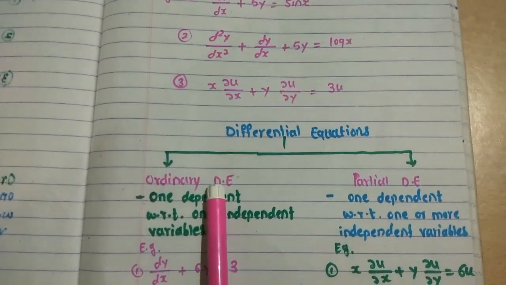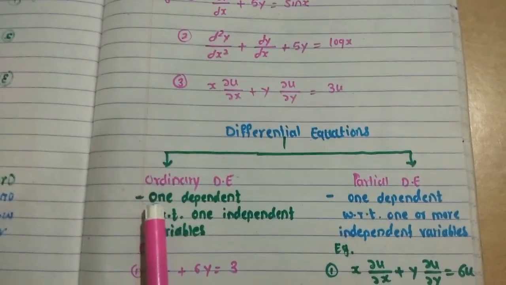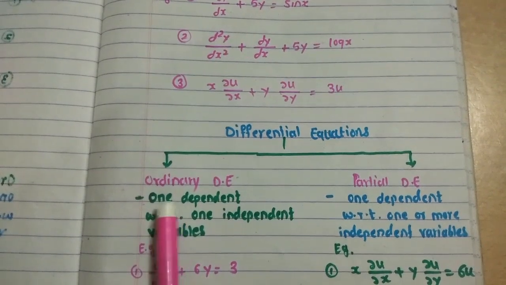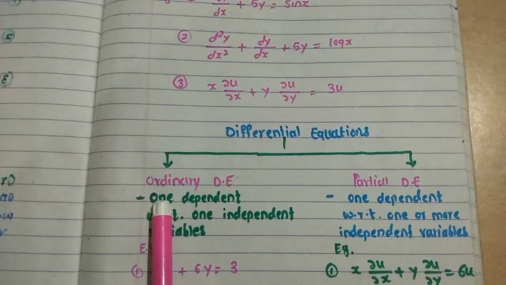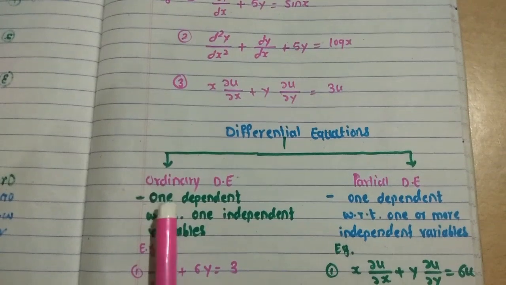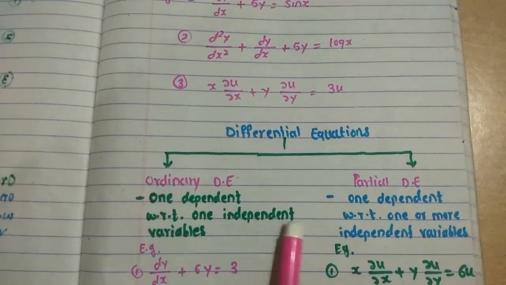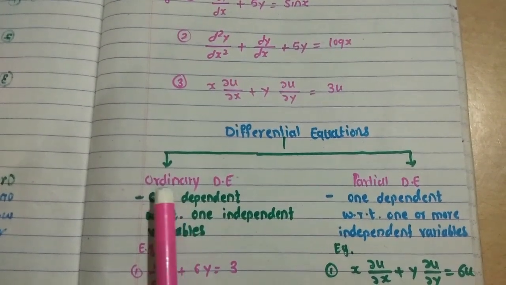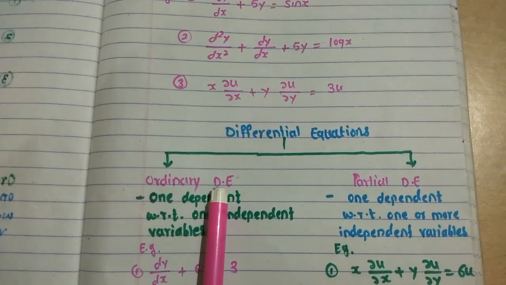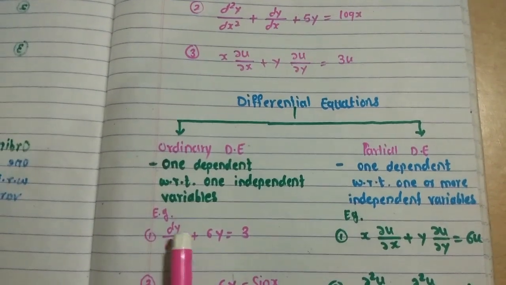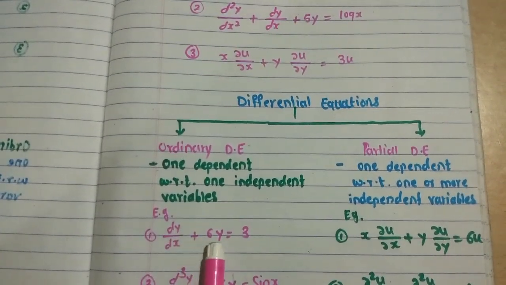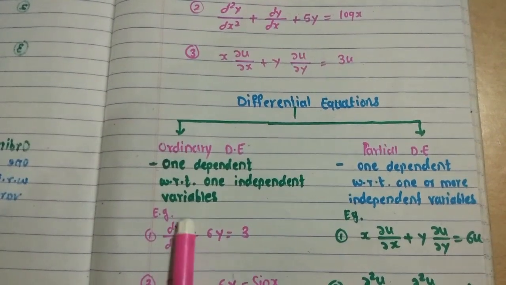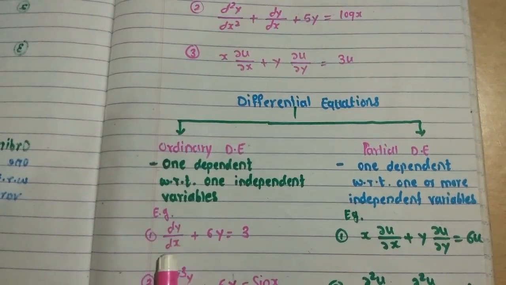In an ordinary differential equation, any equation containing differential coefficients of one dependent variable with respect to one independent variable, we say that it is an ordinary differential equation. Let's see one example. dy by dx plus 6y equal to 3. Here the derivative dy by dx, here is one dependent and one independent variable.